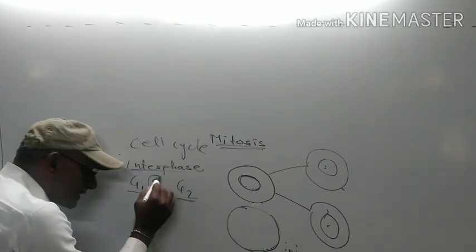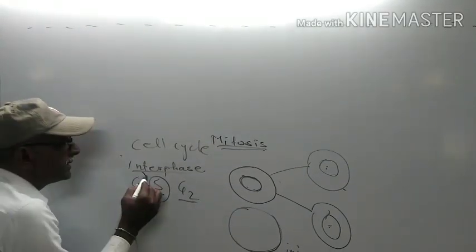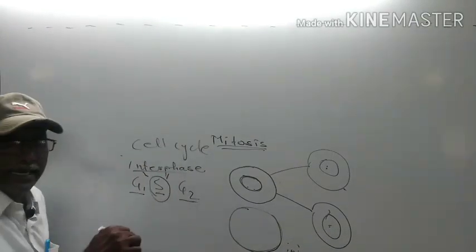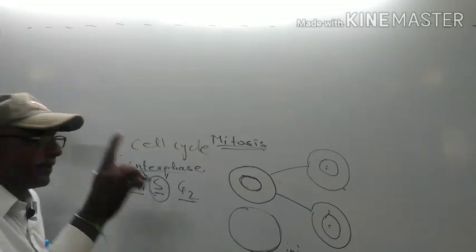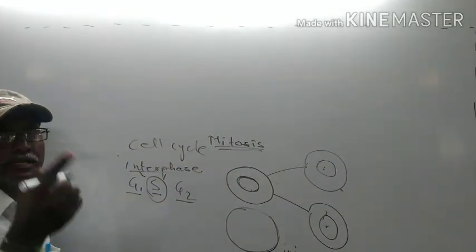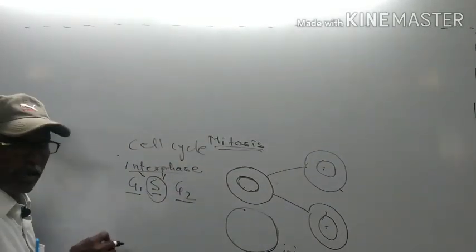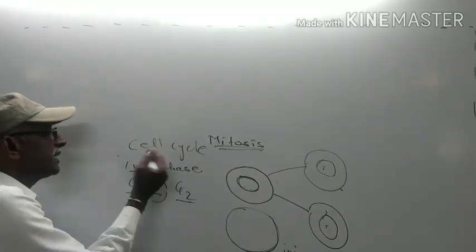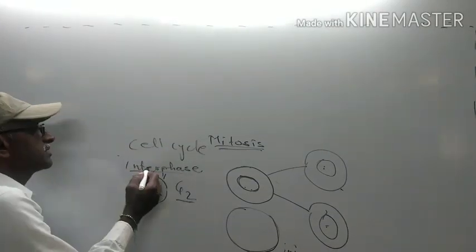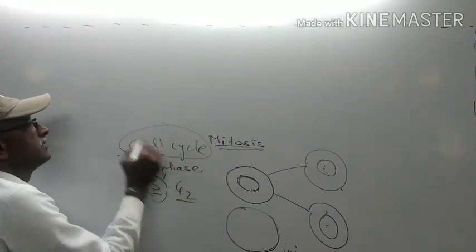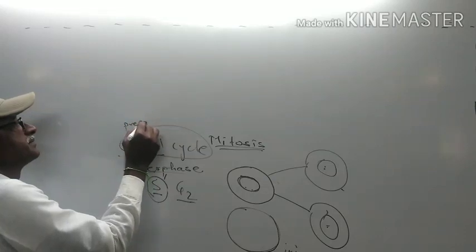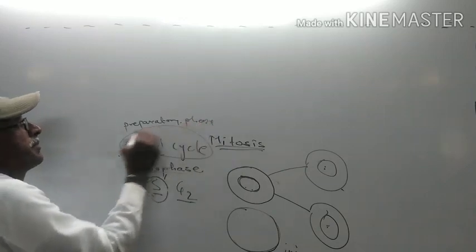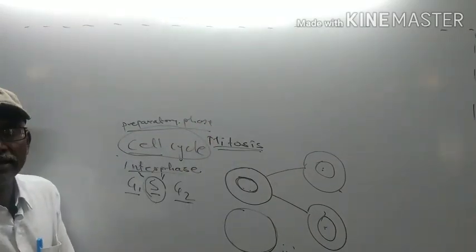In this S phase, there is replication of DNA. In one cell, there is replication only one time. It happens in the S phase, the S phase comes under interphase, and interphase comes under the cell cycle. That is the preparatory phase, the preparation for division.